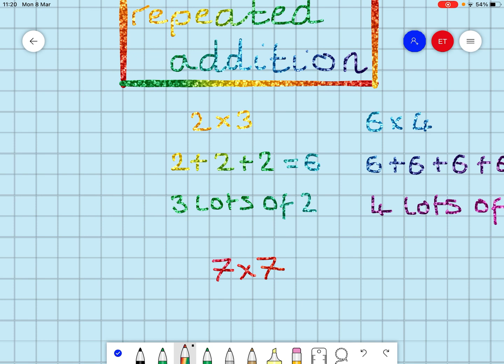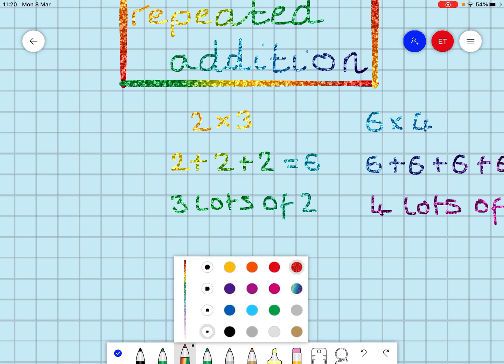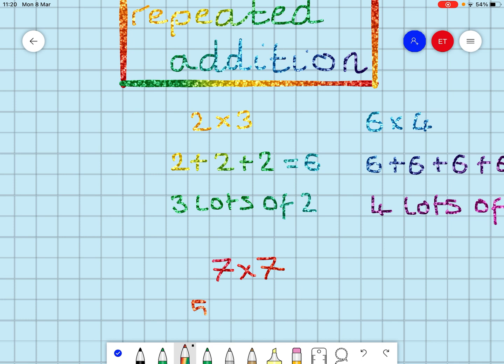And you think, I don't know my 7 times table. I just don't even know where to start with that. Well, I bet you know your 5 times table. So what is 5 times 7, or 7 times 5? Well, that's 35. Now that would be 5 lots of 7.